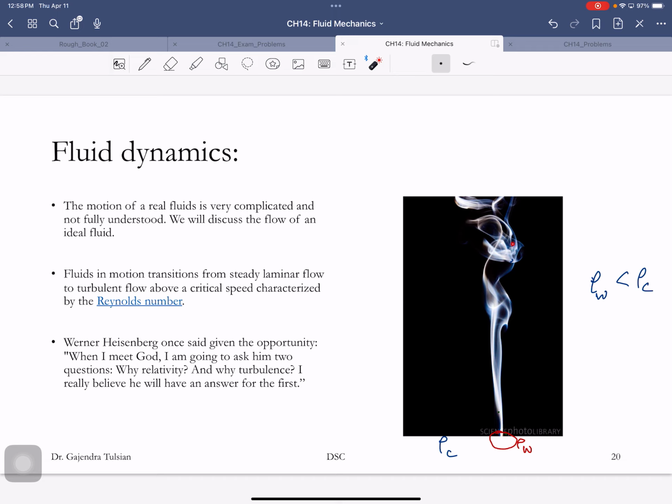So when there's laminar flow, there's friction in a liquid; it's called viscosity. When there's laminar flow, the friction is less. When the flow becomes turbulent, the friction increases.